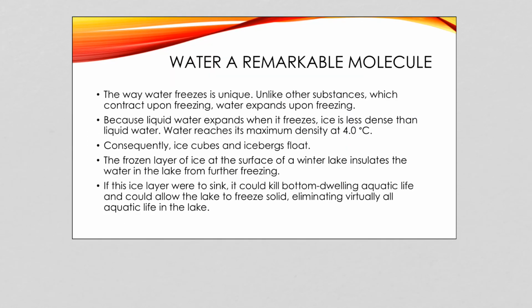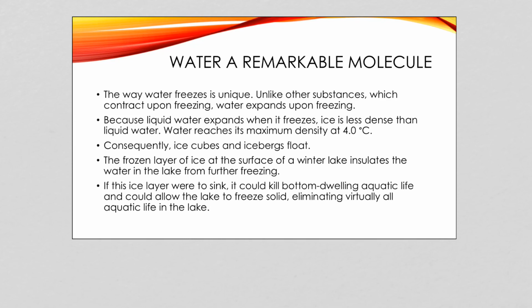Now, that's one thing. But what other things does this high polarity, high ability to hydrogen bond cause? Well, it also sets up a weird or unique way of freezing. Because of the shape of water, when it freezes, the water actually expands.